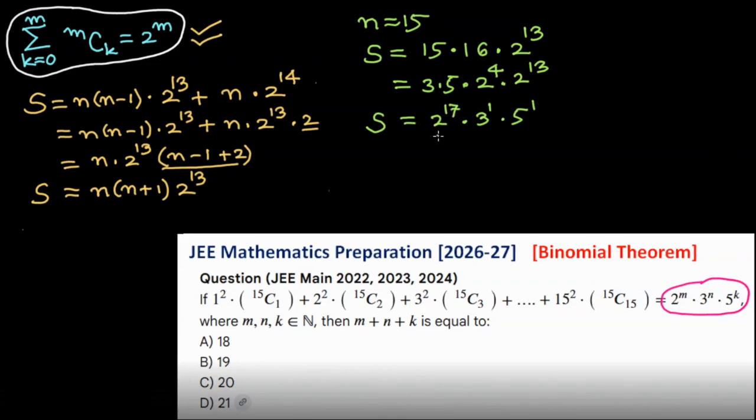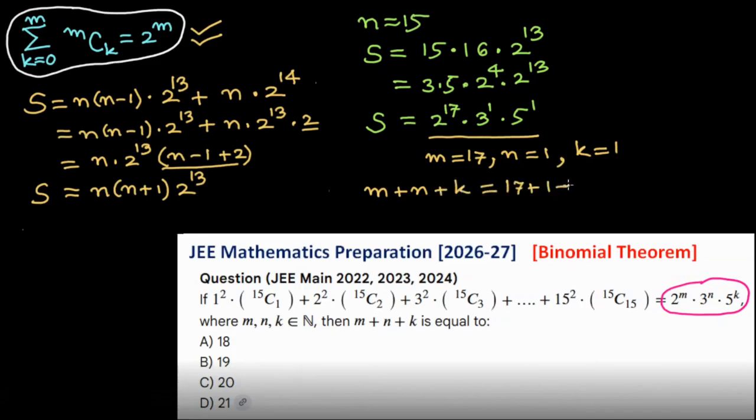Comparing with this, we get m equals 17, n equals 1, k equals 1. So m plus n plus k will be 17 plus 1 plus 1, 19. Hence, the correct answer option here is B, 19.